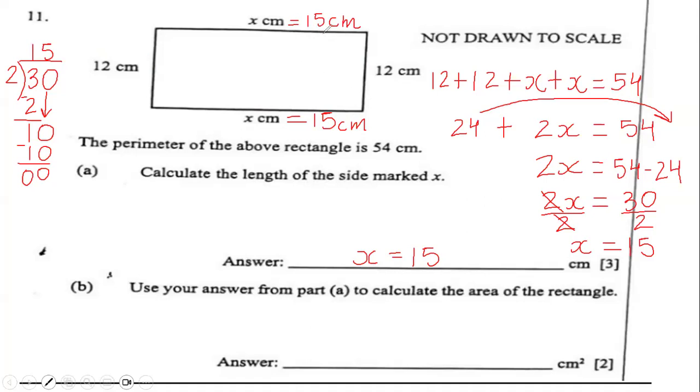x is equal to 15. Okay, so now they want us to use our answer from part A to calculate the area of the rectangle. Anyone want to tackle that? How are we going to figure out the area of this? Can I try? Go ahead, Theo.